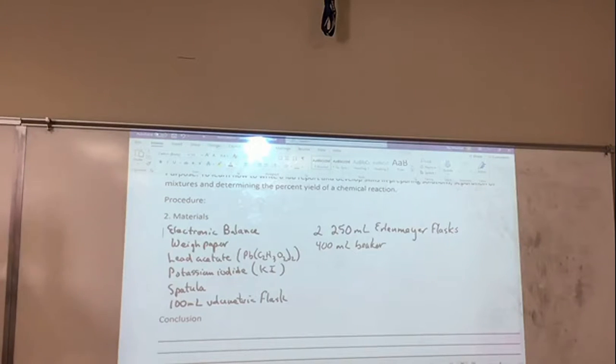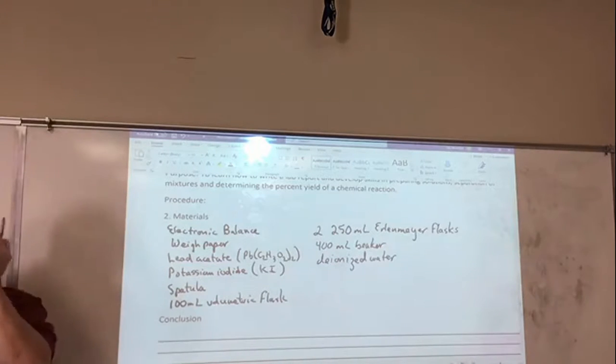And we just put water in that, right? What kind of water did we say we should have used? Deionized. We used tap water. We should have used deionized water. The reason is that tap water has lots of chlorine in it.